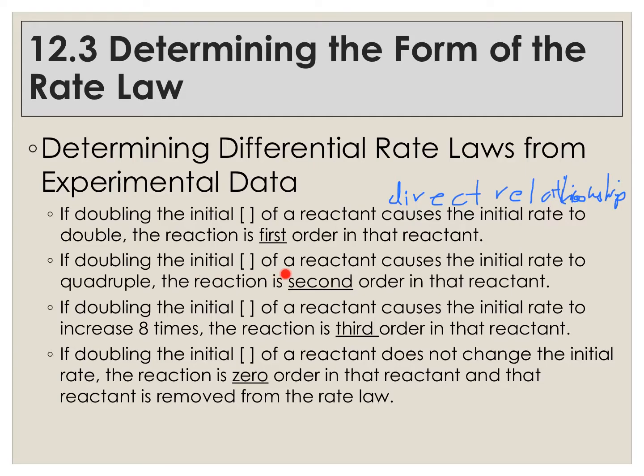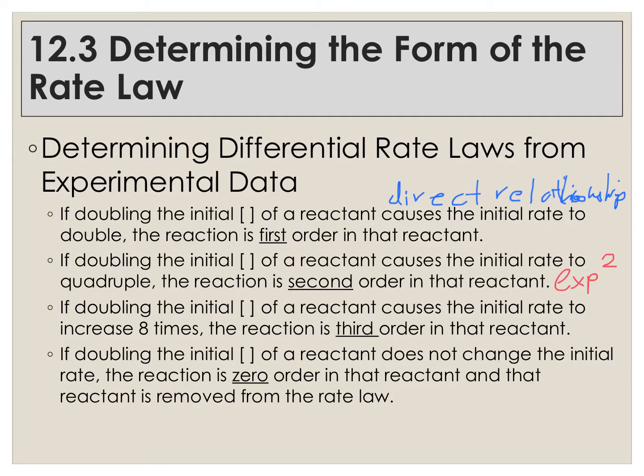If doubling the concentration causes the rate to quadruple, then it's second order. So you multiplied it by 2, and that made the rate multiply by 4. That is an exponential relationship of 2.